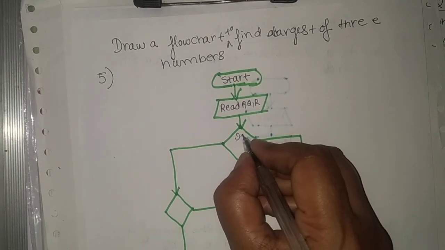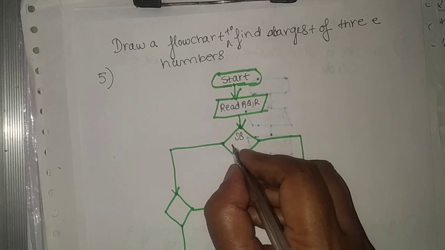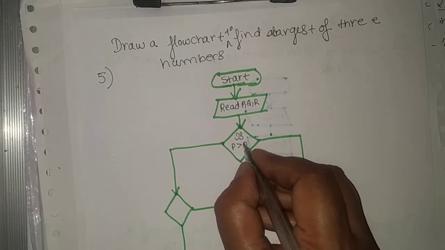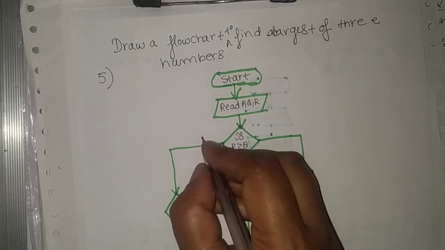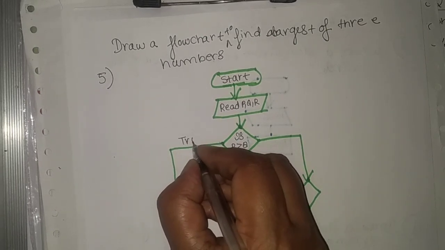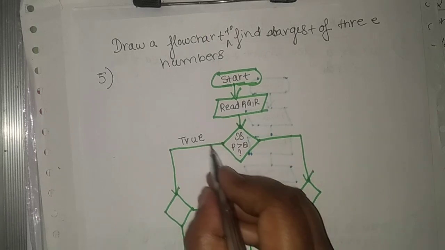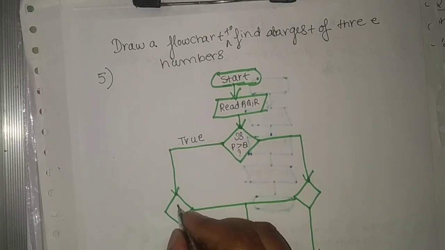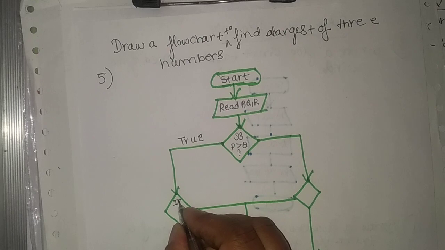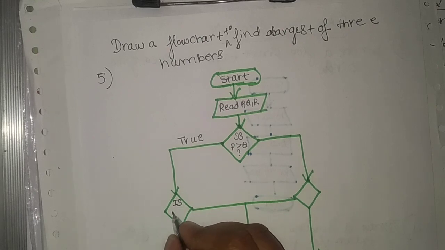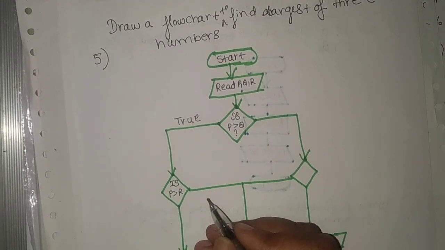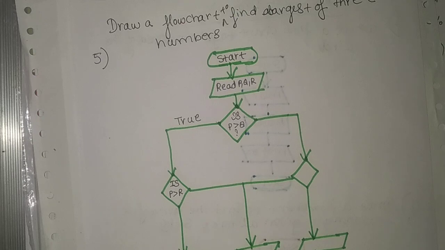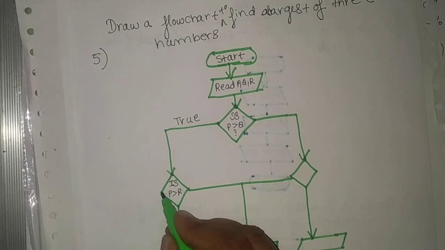Then we will write, is P greater than Q? So a question mark is written here. Yes means it will become true. Then here it comes again. We'll see P greater than R. Again, one mistake I have made here.